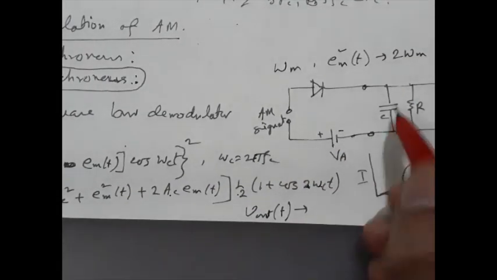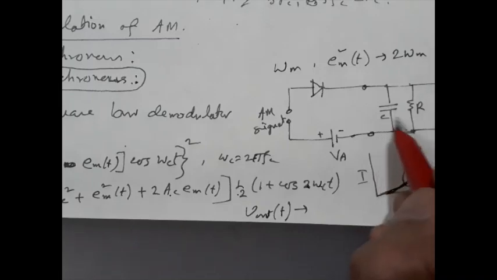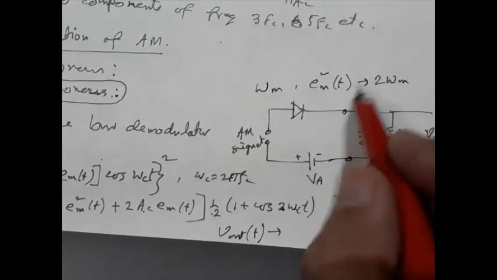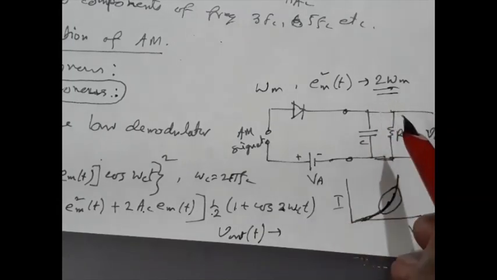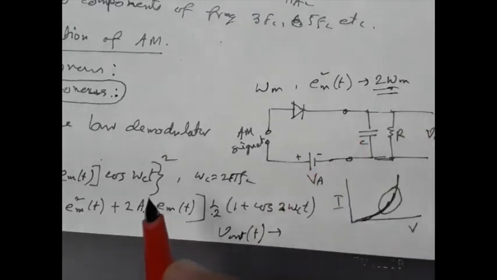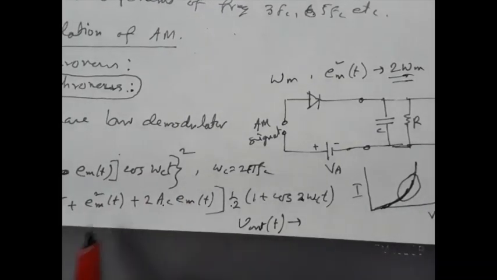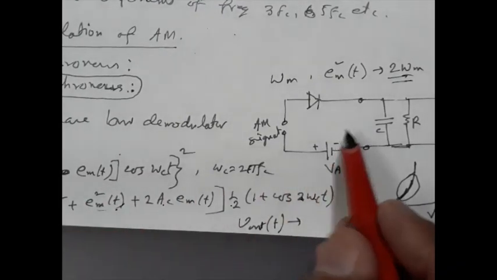So we have to select this combination in such a way that this filter can reject this 2 omega m component, right? So this EM square term will also be rejected or removed by this filter.